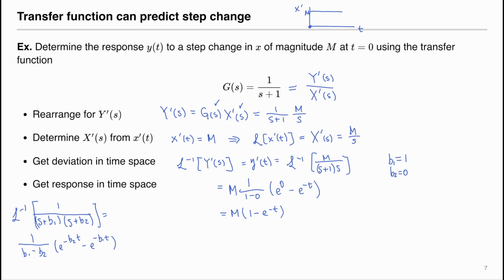Okay. But remember, this expression is y prime of t, but we want to find y of t. And recall that y prime of t is equal to y of t minus the steady state. So y of t equals y prime of t plus the nominal steady state value.